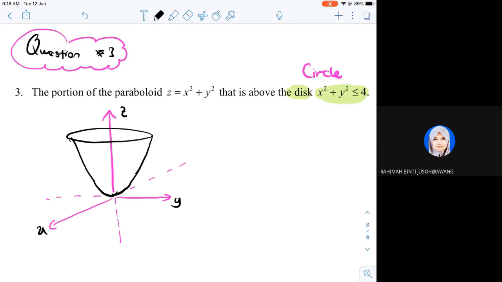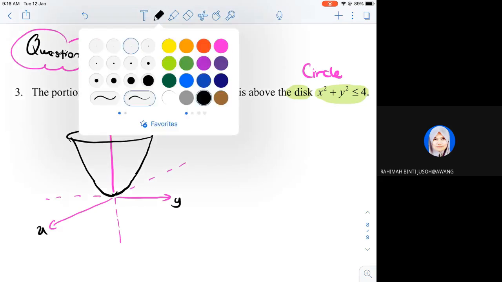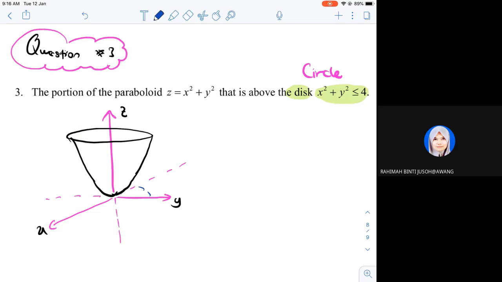So disk kita x squared plus y squared equals to 4. I'm going to use the blue color. So of course if you can see from above, we can see this bentuk bulat ni lah. Okay. Of course the value here should be 2, here negative 2.